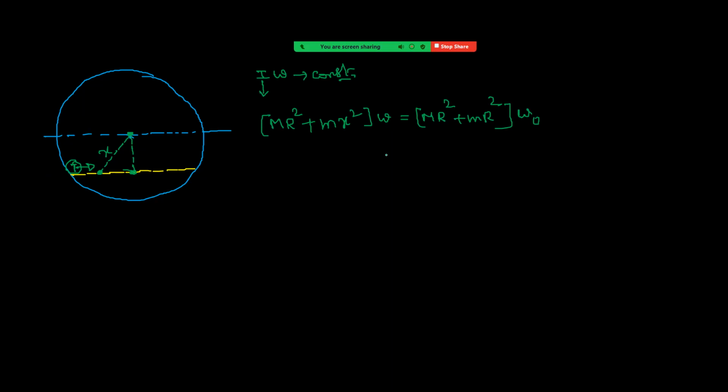This is a constant. Coming to here, omega equals that constant value upon Mr square plus mx square. So from this we can say this is a constant. In this x is variable. It is x square.